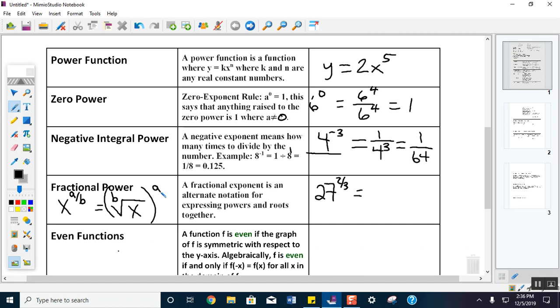Okay, so this would be what root of 27 first? This would be the cube root of 27 all to what power, kids? Okay, and yeah, the cube root of 27 is 3, and then that 3 squared would become, yeah, value 9 there. Okay?